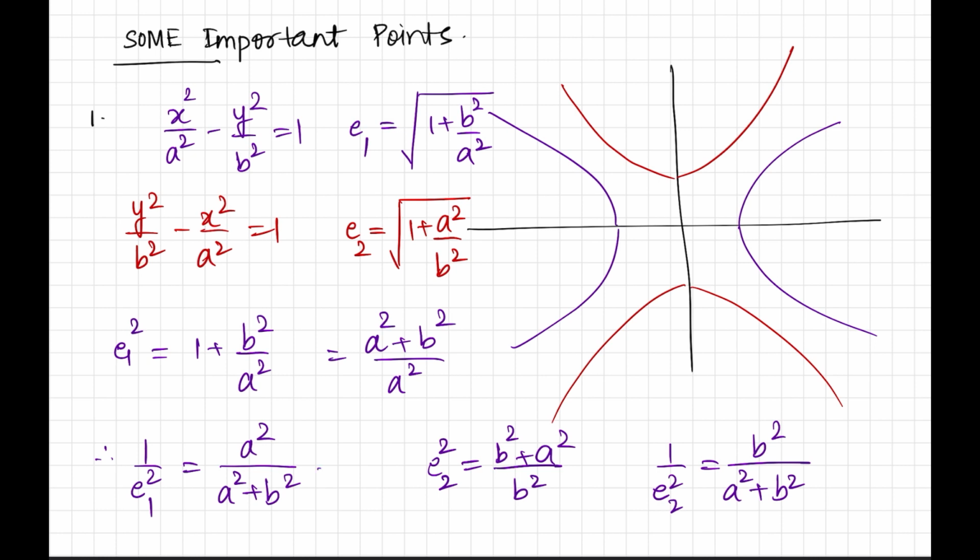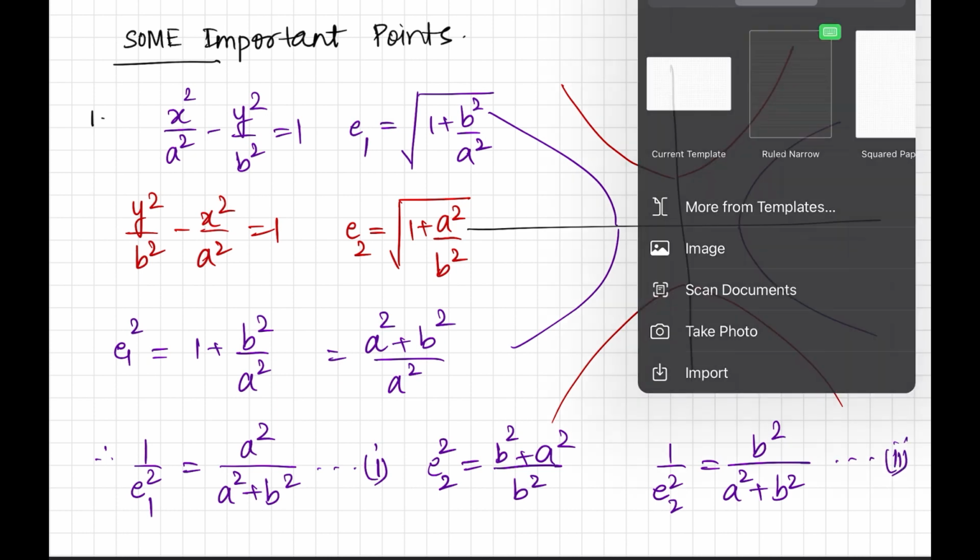Let us say this is the first equation and this is the second equation. Now if we add these two, we get 1 by E1 squared plus 1 by E2 squared, and this equals a square plus b square upon a square plus b square. So this cancels out and what we have is 1.